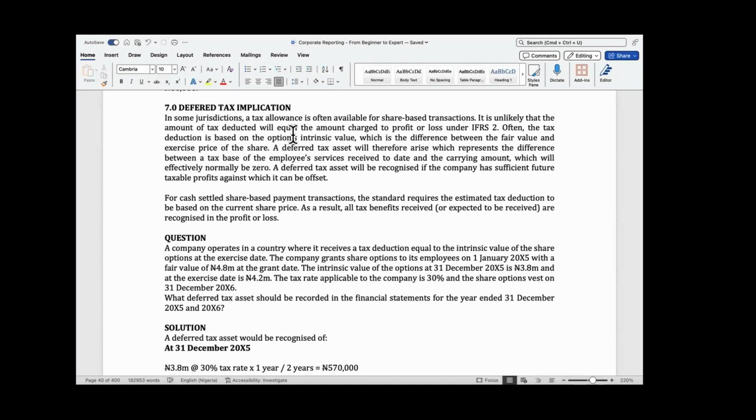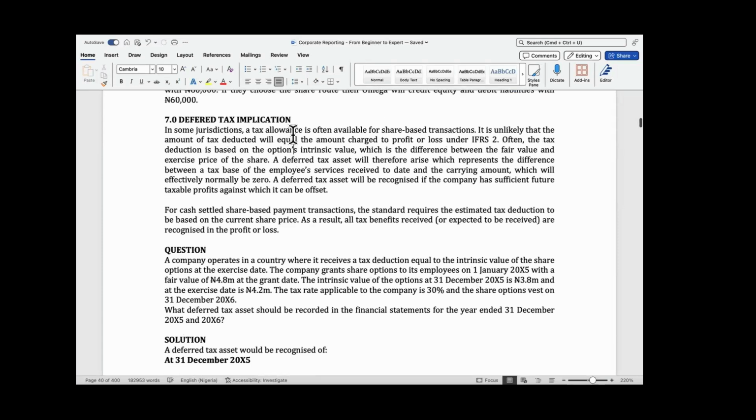It's not going to be allowed now, but it's going to be allowed at the vesting date. So that means it's a deductible temporary difference for you. And deductible temporary difference will always result in a deferred tax asset.